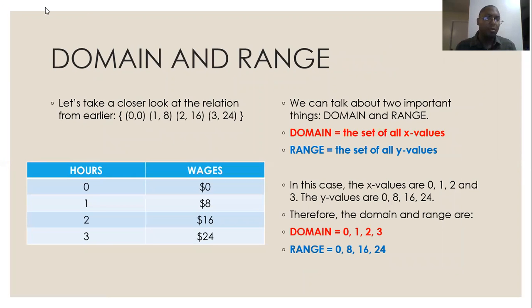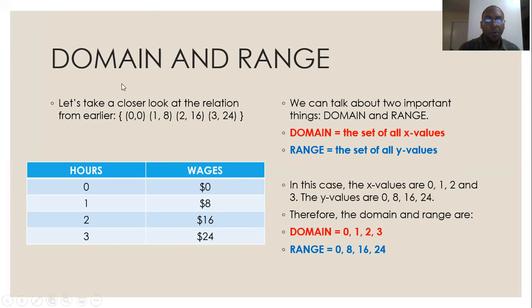Now, when we think about a relation, we can talk about two different things: the domain, which are essentially your inputs, and the range. The domain of a relation are all the x values, and the range are all the y values.